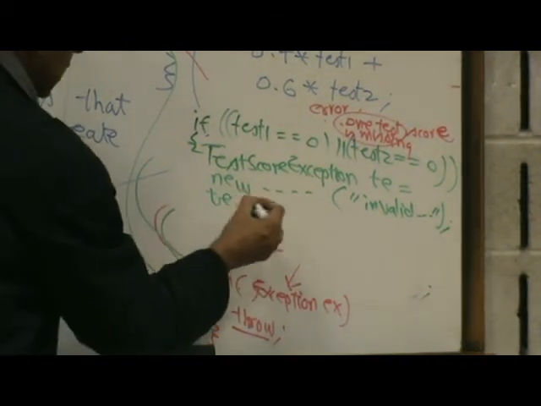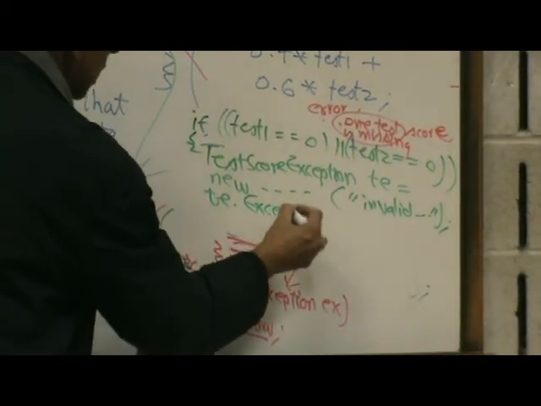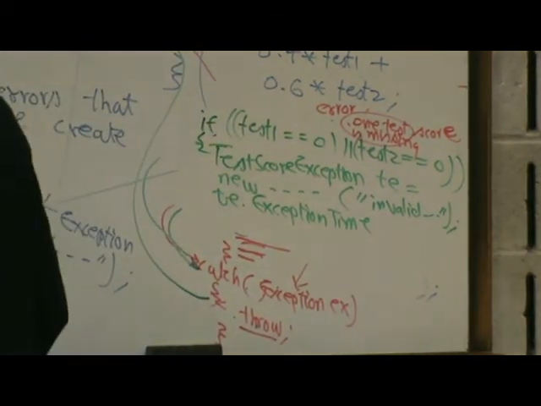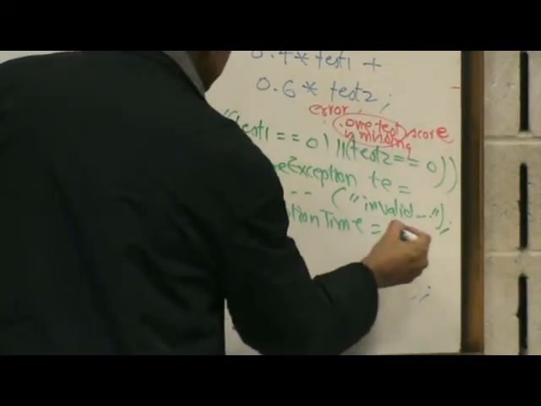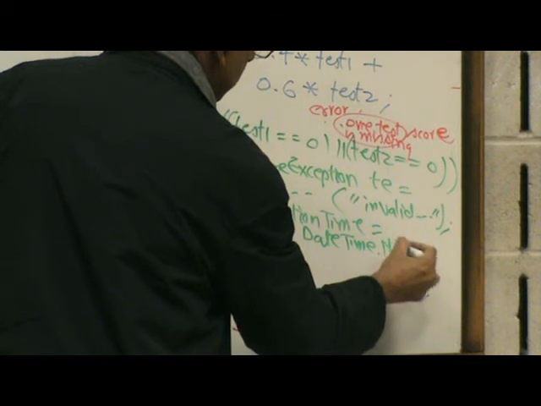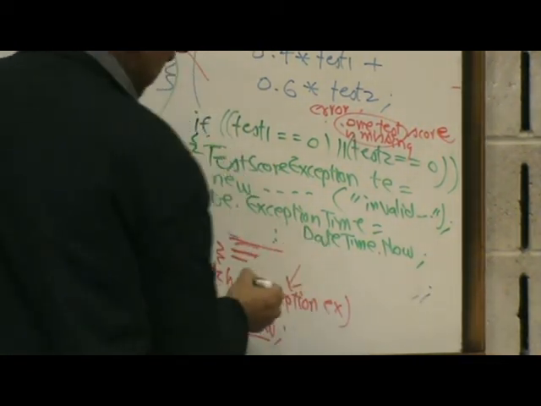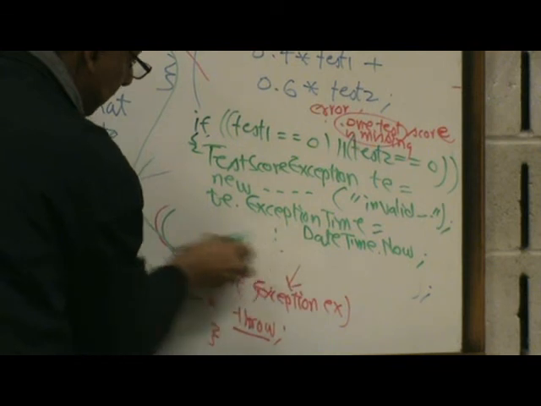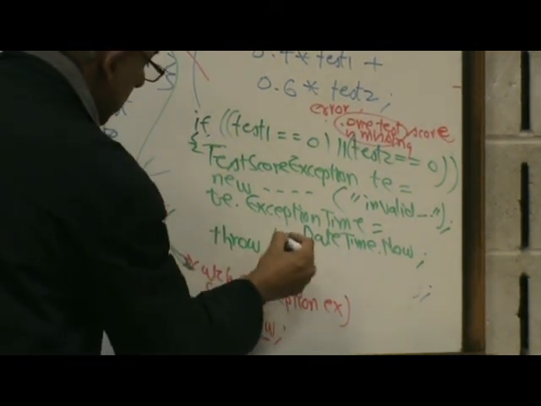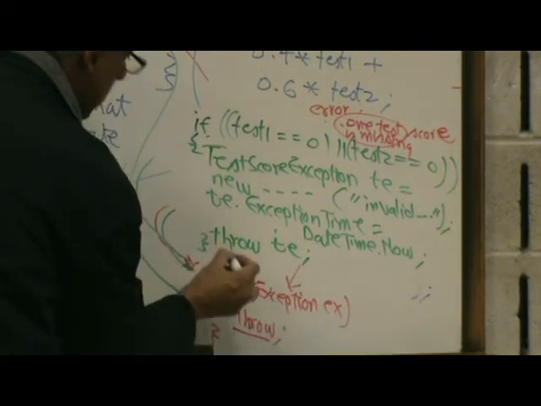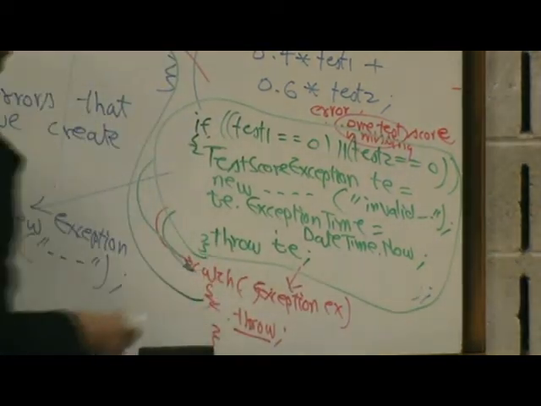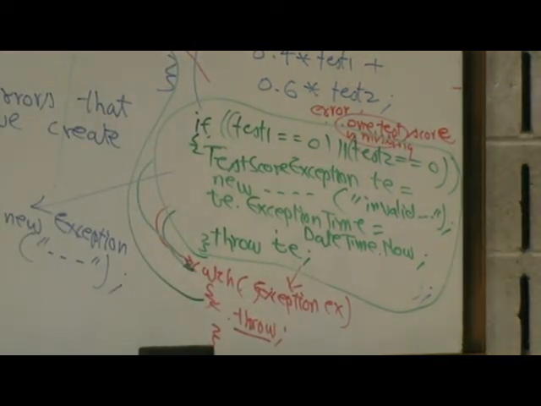And then TE dot exception time, is that what I called exception time? Yeah, equal to DateTime dot now. So anyway, you can store all those properties and then simply say throw TE. Okay, so now this will be thrown if you want your own custom exception.